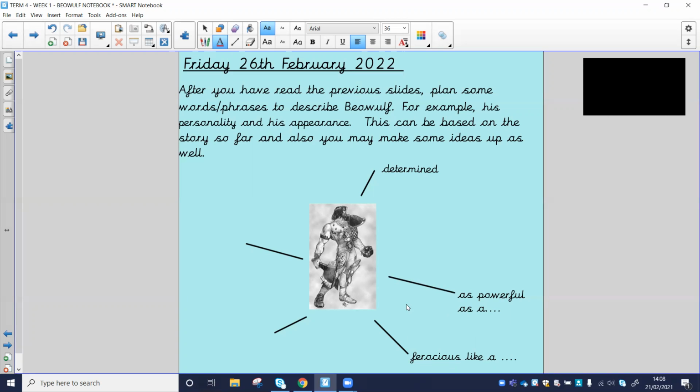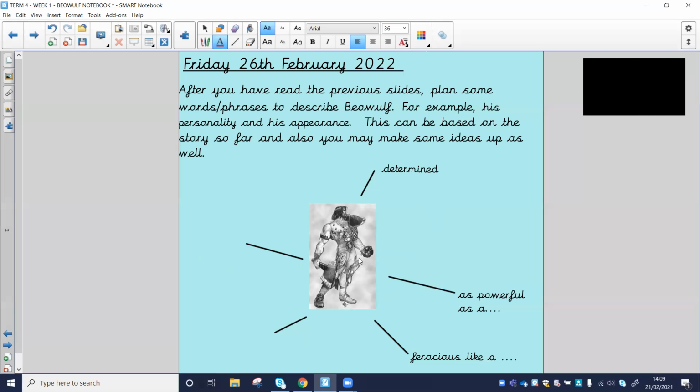You don't have to do all of them as similes, but that's just a few ideas. And again, you might just use one word. You might write little sentences, little phrases. It's whatever you would like to do, but the more ideas you have to describe Beowulf, the easier Monday's activity for next week is going to be.